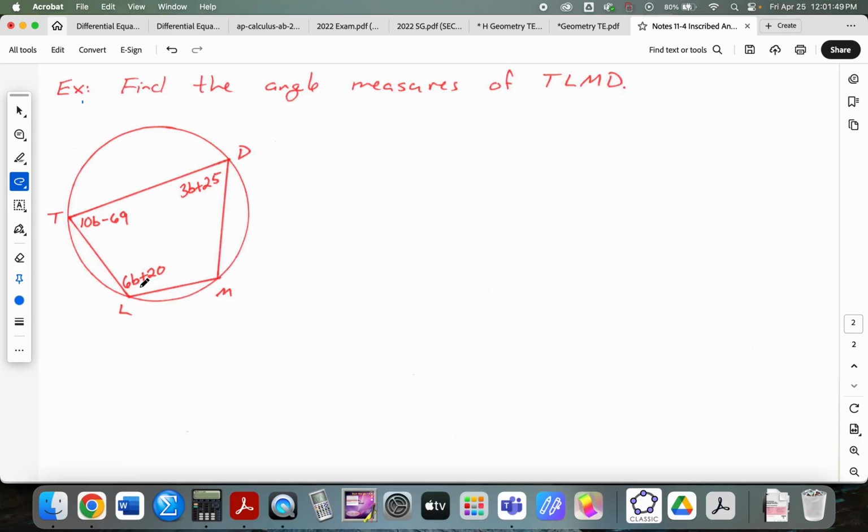So D and L, these two angles are going to be supplementary. So 3B plus 25 plus 6B plus 20 is equal to 180. It's got to be the opposite angles, the ones that are across from one another, that are going to be supplementary, not the ones next to each other.